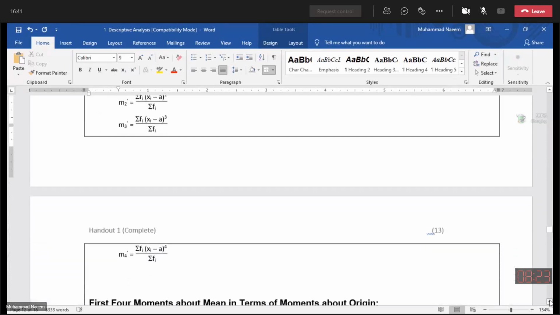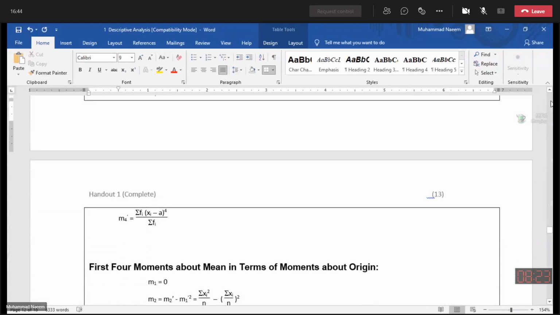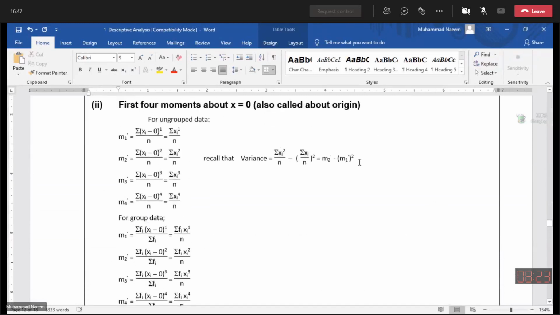Okay, now as one of the relation we have discussed here, just like this one, as we know that a second moment about mean is denoted by M2, that is the variance, and on the right hand side we have moments about origin.